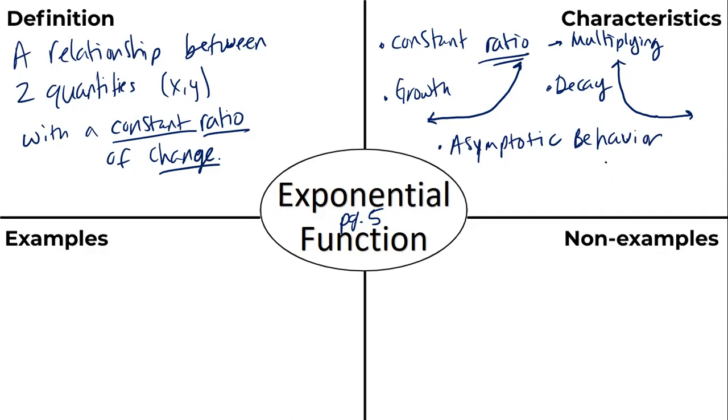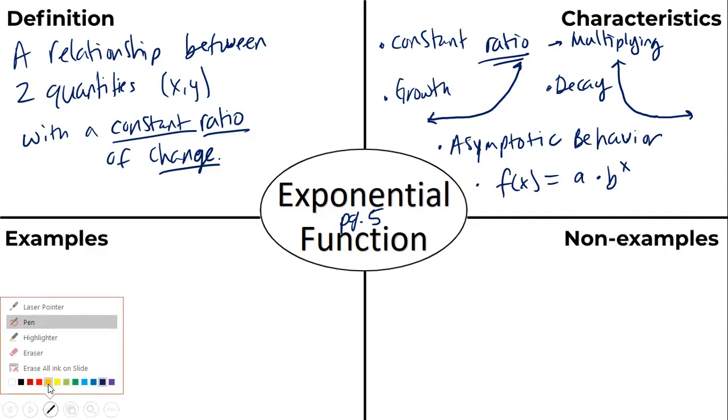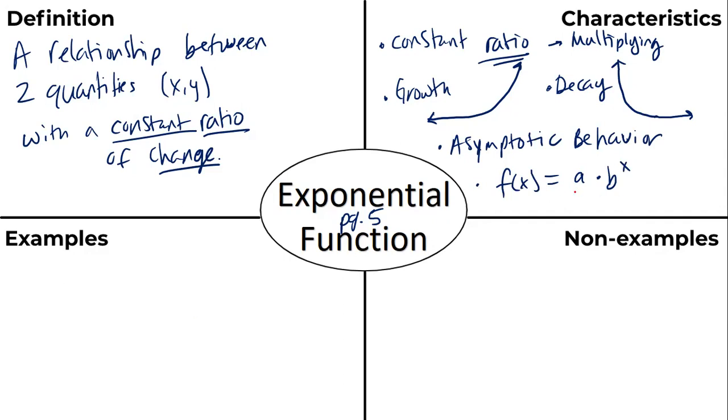Some type of boundary exists. And there's only one equation for it, and it's f of x equals a times b to the x. A is going to be our initial, and b is going to be our ratio.